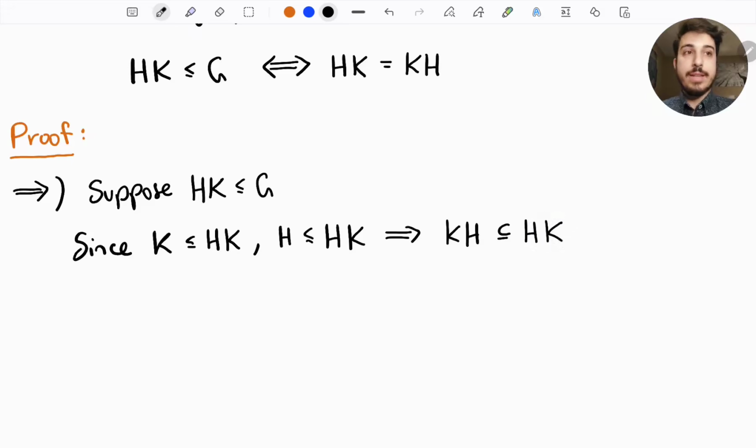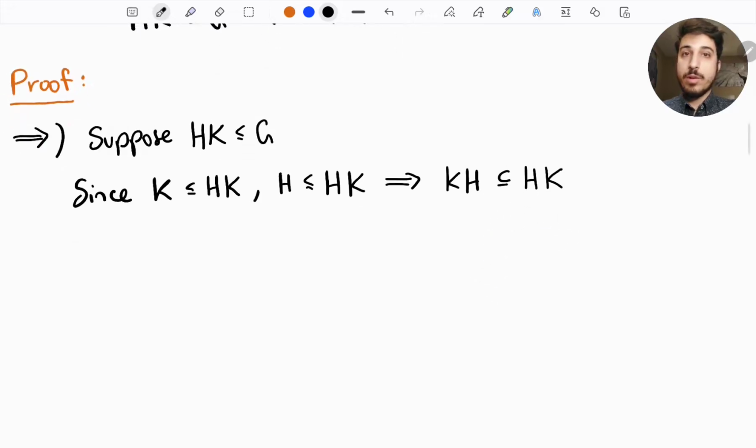The reason is that HK is assumed to be a subgroup, closed with respect to the operation and inverses, and both K and H are inside HK, so the product KH, the composite, has to be inside HK as well. For a more formal approach, I would invite you to try it out as an exercise.